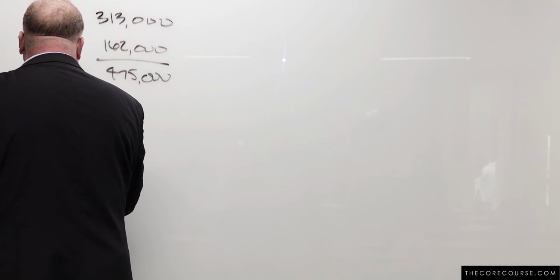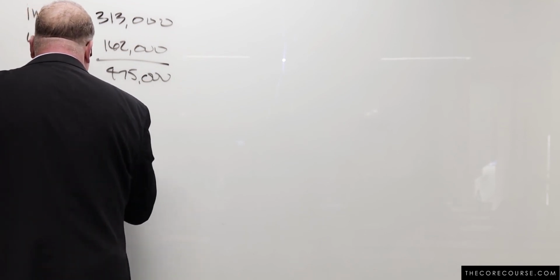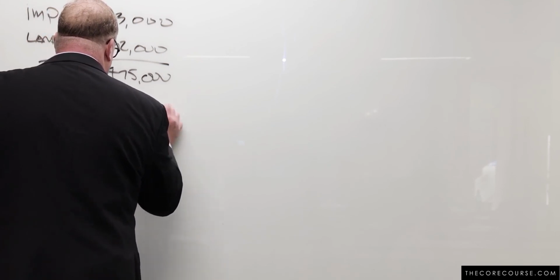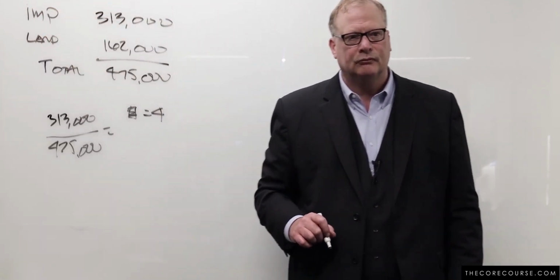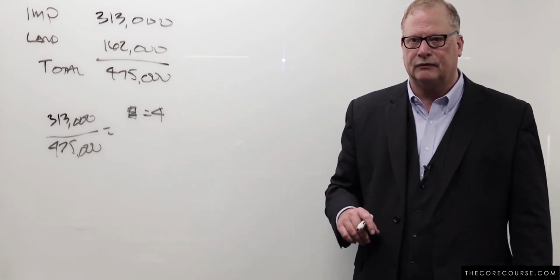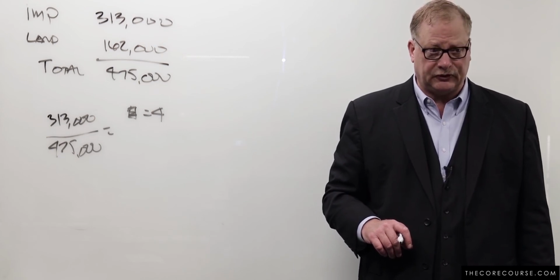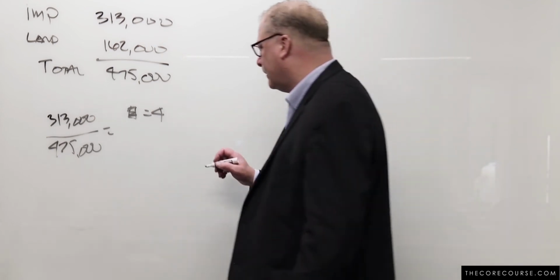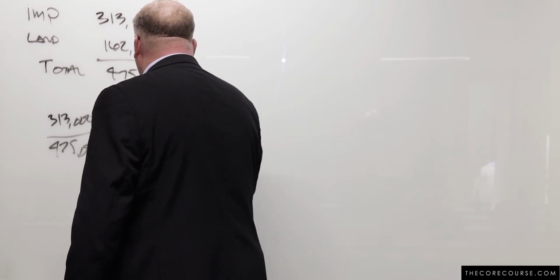So what is 313,000 divided by 475,000? And when you do this division problem, do gold equals 4 on your HP 10B2. Carry it to 4 significant places. 0.6589? Okay. 0.6589.